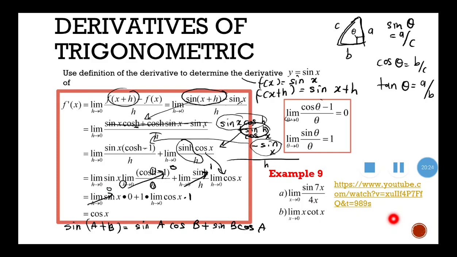Oh, sorry, it should not be 0. Whatever the answer is here, when you multiply by 0, you will get 0 here. That's why this part becomes 0. So for this part here, cos x times 1, you will get cos x. So this is the final answer.